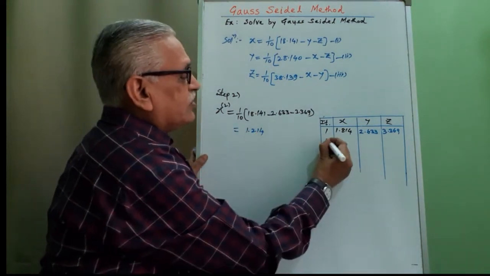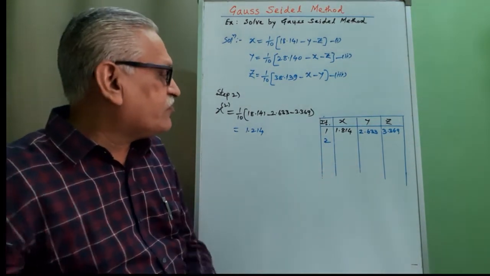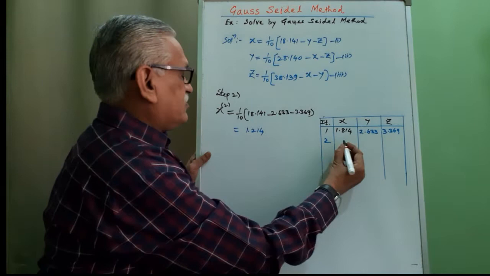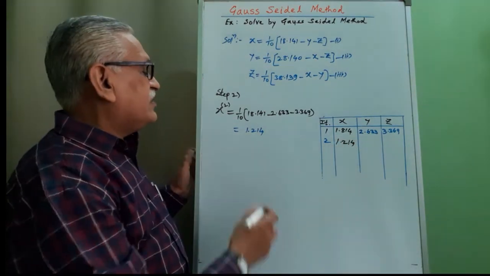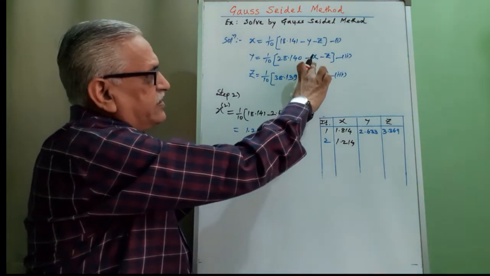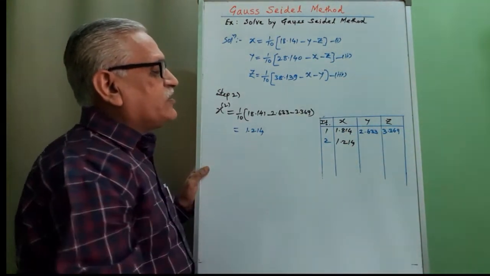1.214. We write down that value here in the second row, the value of x is 1.214. Then use it here in equation 2 along with the value of z as 3.369.